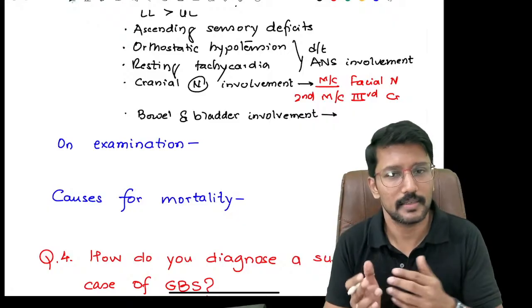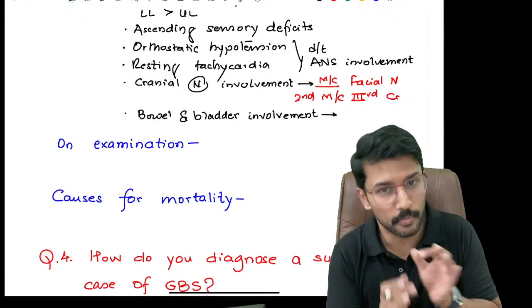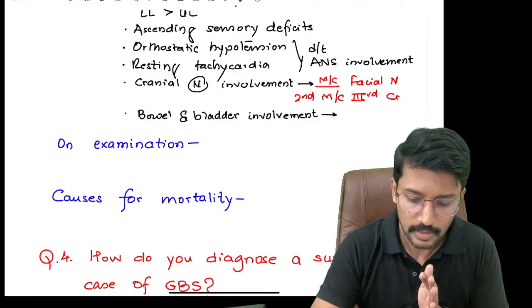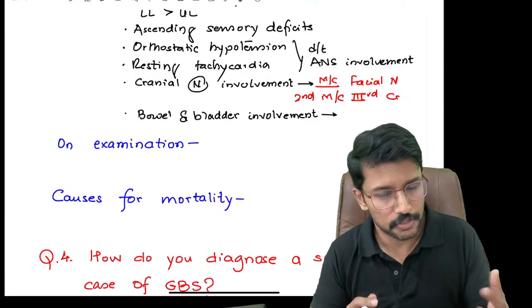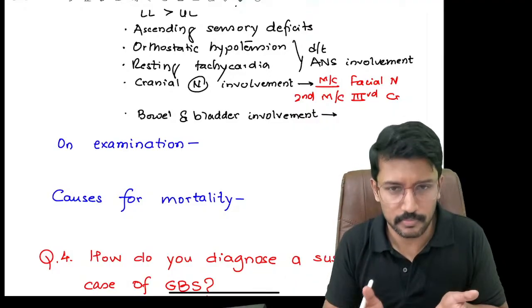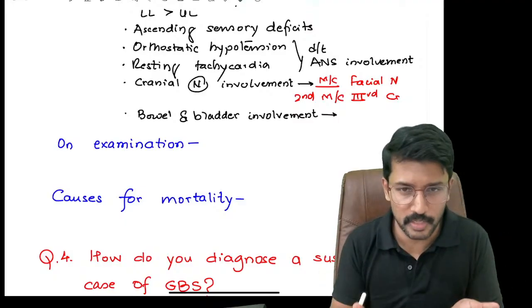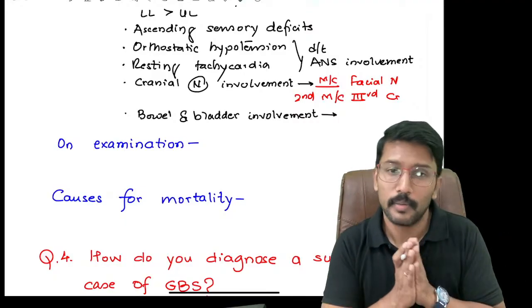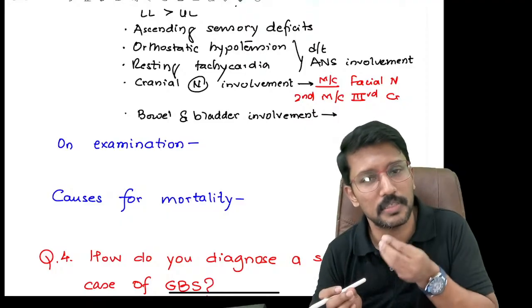But please remember the bowel and intestines are supplied by the autonomic nervous system, and ANS involvement can also impair your bowel function. And you know that the bladder is supplied by the spinal nerves. So involvement of the spinal or peripheral nerves can also impair the bowel and bladder function. So you can have bowel and bladder dysfunction even in patients with GB syndrome.